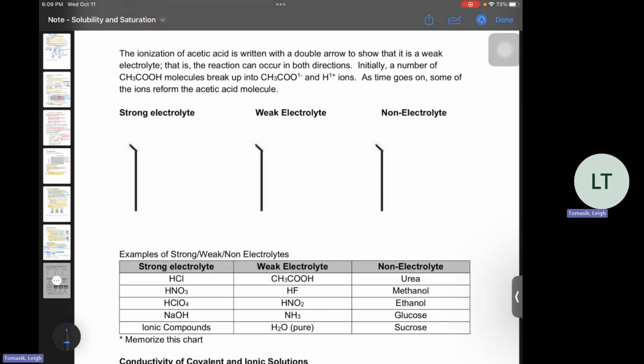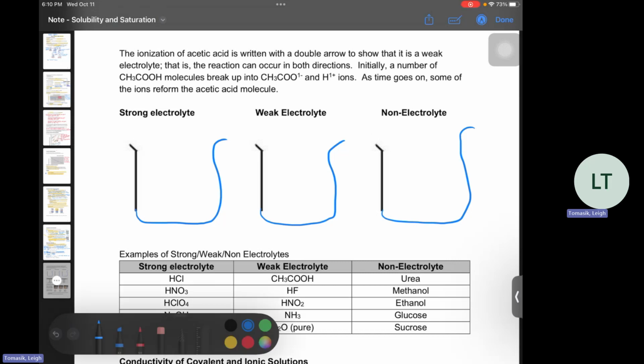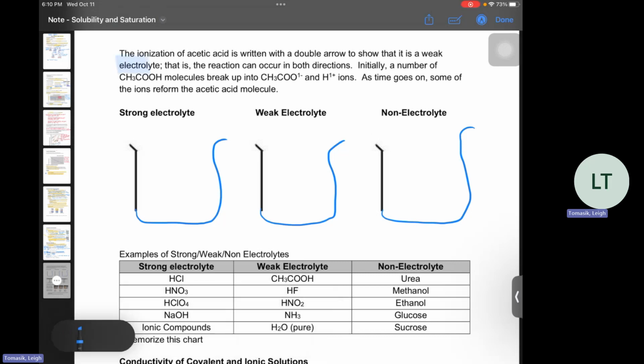It says the ionization of acetic acid is written with a double arrow to show that it is a weak electrolyte. Oh no, my beakers didn't show up. Hold on, I'm going to redraw my beakers. That's what they're supposed to be. So anything that you see with the double arrow is a weak electrolyte.